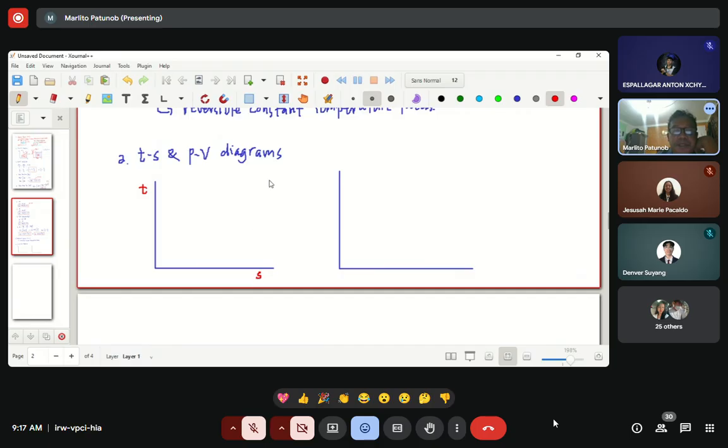So meaning to say, T1 will be equal to T2, no? How to do that is just a straight line here. Let's say this is point 1 and this is point 2. The process is going from 1 to 2. Take note, this is a reversible process, so it can go from 2 to 1 also. Okay? So that is the TS diagram.